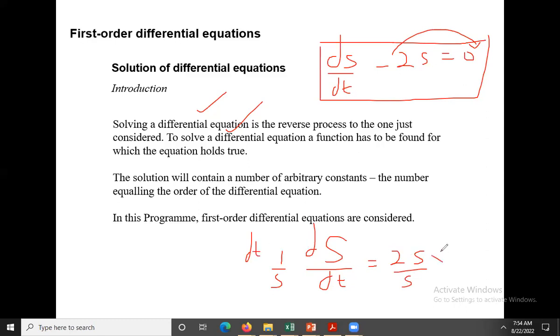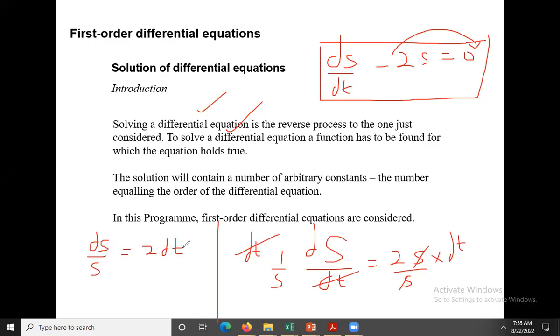This will cancel out that, and dt cancels out this. That should give us the expression ds over s is equal to 2 dt.